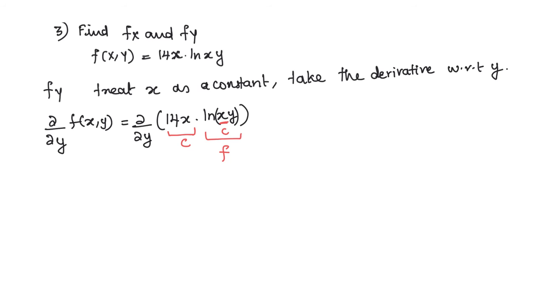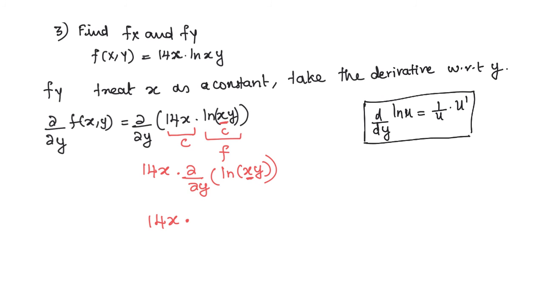So this will become constant times, so 14x times the partial derivative of ln of xy with respect to y. So 14x, here x is a constant. This is the rule I am applying. Derivative of ln of u is 1 over u times u prime.